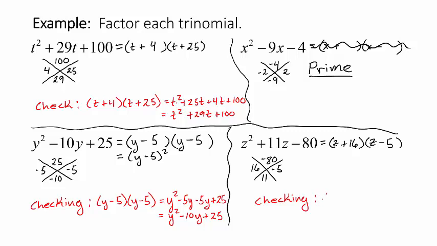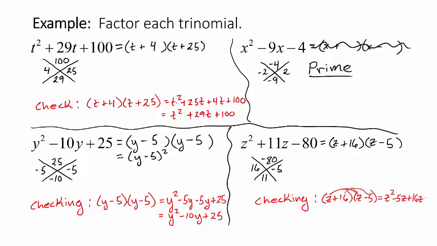Checking this with z plus 16 times z minus 5, do we get our original expression? z times z is z squared. Our outer will be minus 5z, and our inner will be plus 16z.